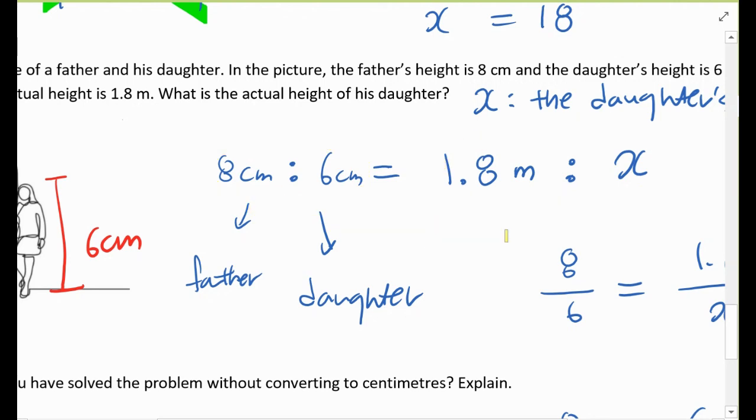Do you know the reason why we didn't convert 8 and 6 centimeters to meters? 8 centimeters is actually 0.08 meter, and 6 centimeters is 0.06 meter, right? But we did not convert it because it's a ratio. Even if we use 0.08 meter and 0.06 meter, the simplest ratio will be just 8 to 6. So in this case, you do not have to convert centimeters to meters.